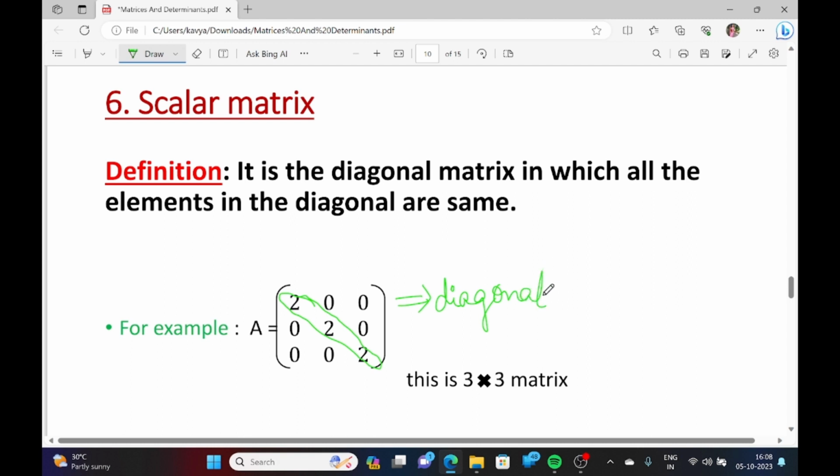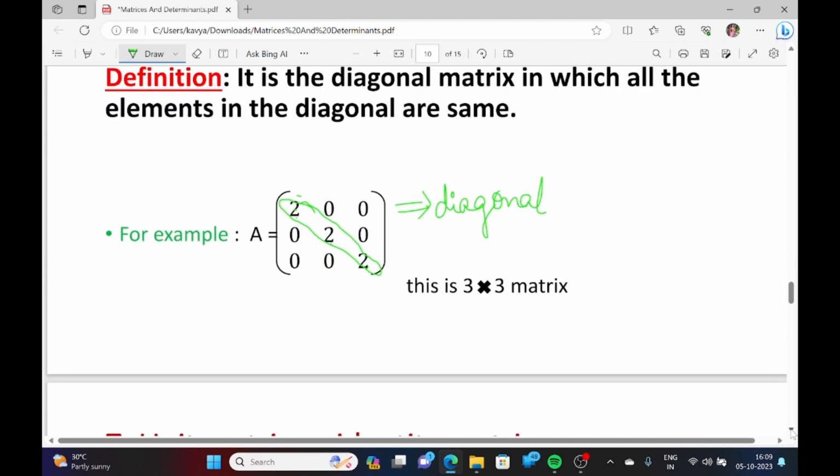It is always a diagonal matrix, and the principal diagonal elements should be the same number. It may be 2, 2, 2, or 3, 3, 3, or 4, 4, 4. Then all the other entries are 0. That is called a scalar matrix. Okay, have you all got it?